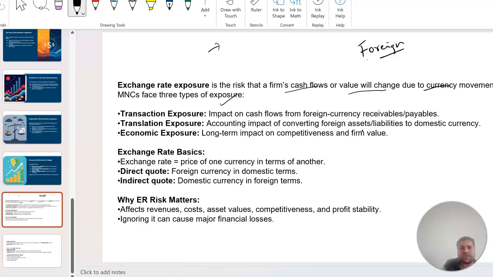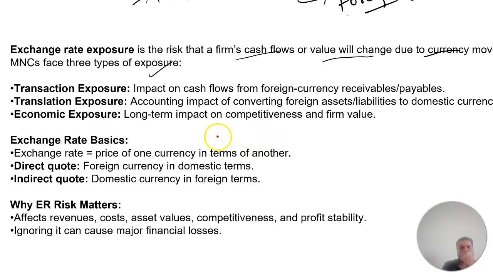So one is the payments or receipts are in foreign denominated currency. This is condition one.